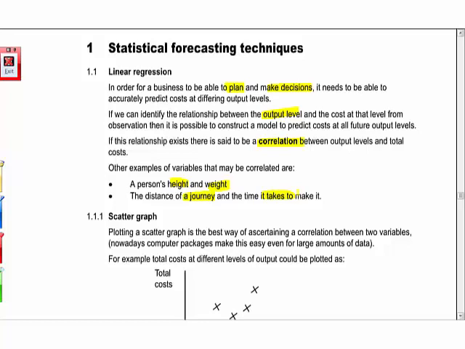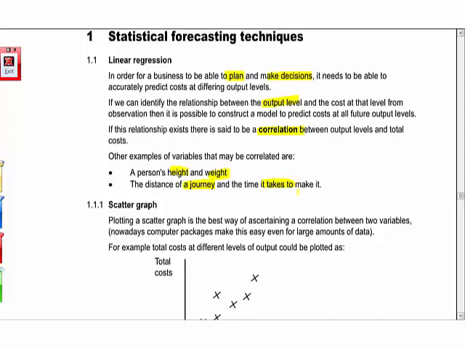However, if we're looking at a journey, if you are flying for 2 hours, or if you're flying for 12 hours, there are still going to be some elements which will be the same, like the hanging around or the check-in at the airport. And it's the same really for costs. There can be an element of fixed costs and an element of variable costs. And that's why we need a model to predict how much of it is fixed and how much is variable.